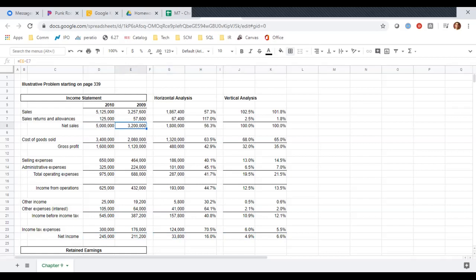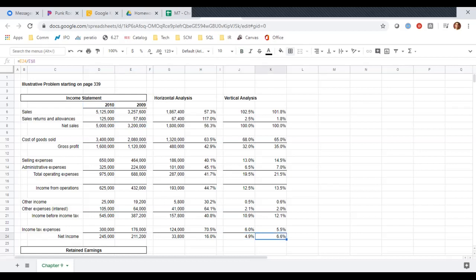Basically what that means is that last year, 2009, we got to keep 6.6% of every dollar we sold. And this year, in 2010, we only got to keep 4.9% of every dollar we sold. Okay, so let's just say that you sell $100.